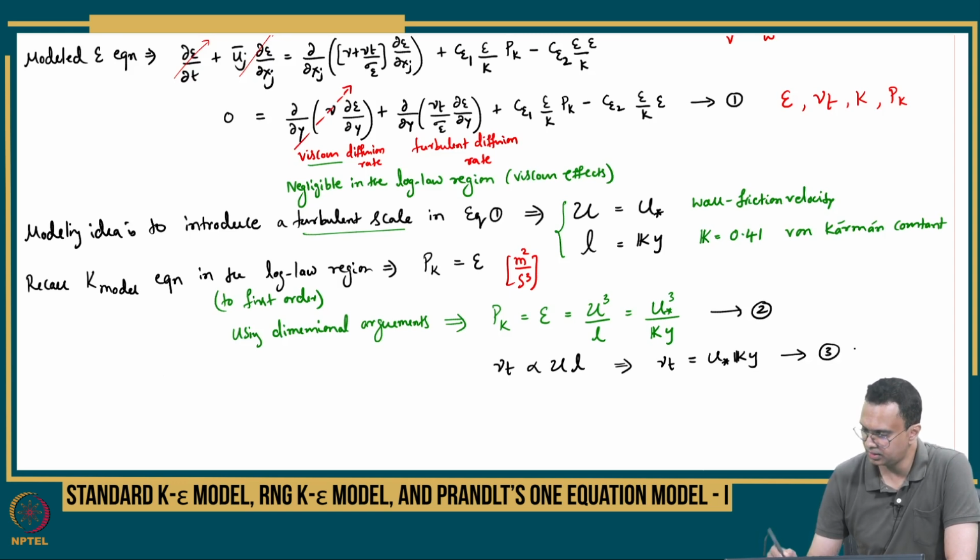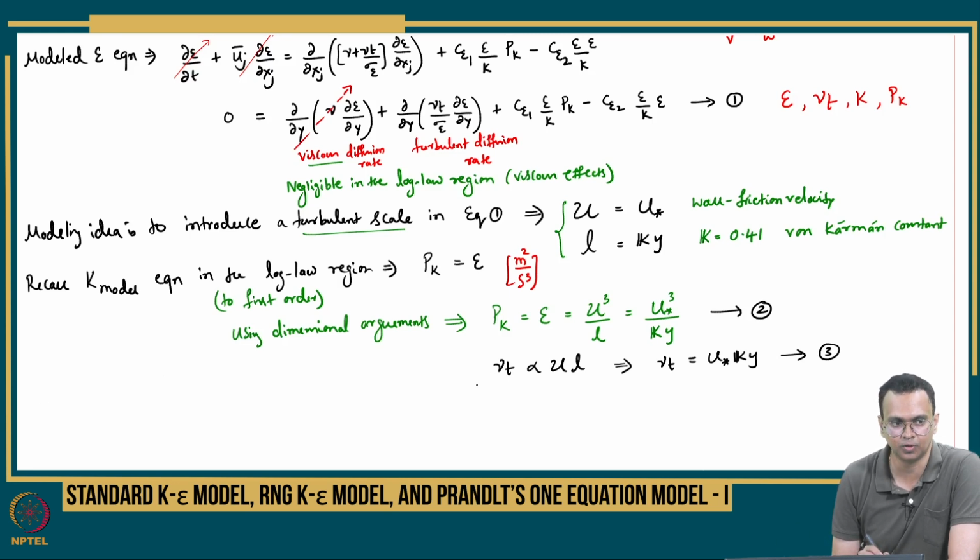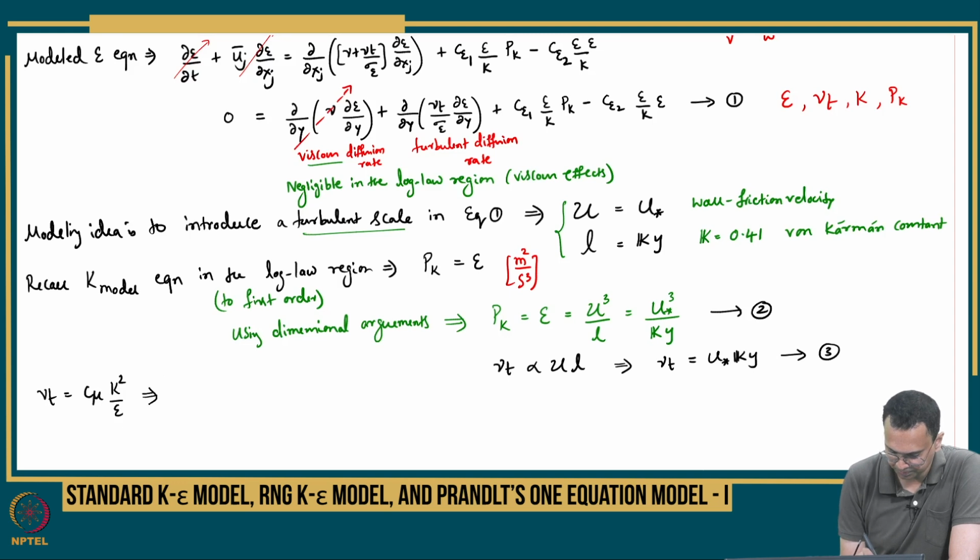So all I need is turbulence kinetic energy. For that I will use the relationship between eddy viscosity and k and epsilon, c mu k square by epsilon. I can use it to obtain the scales for k. So nu t is equal to c mu k square by epsilon.